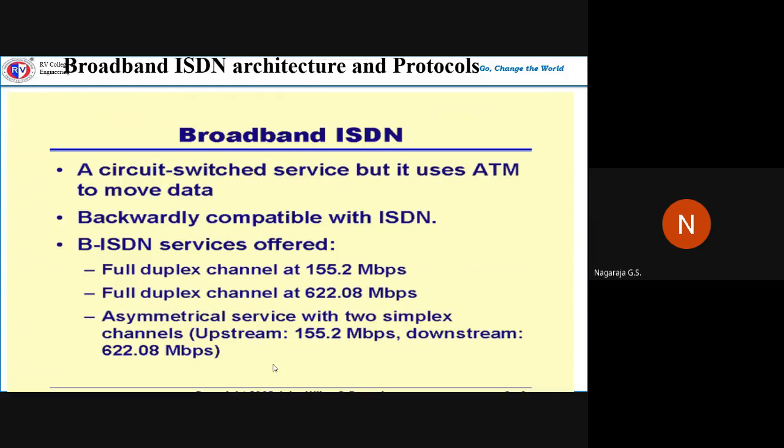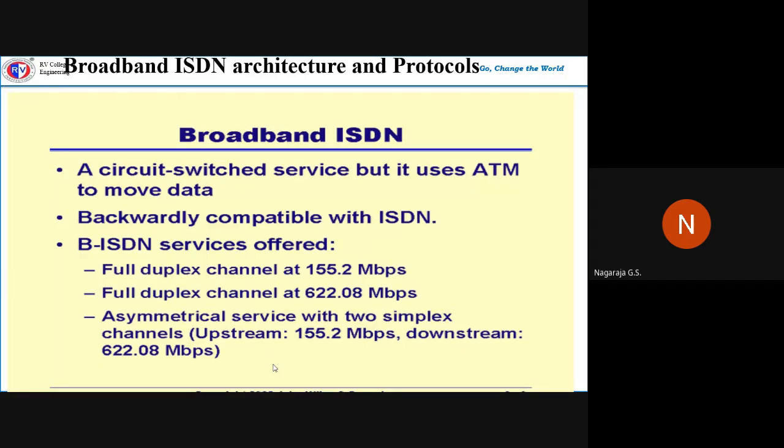One is full duplex channel at the data transfer speed of 155.2 Mbps. That's one thing, and you also have another data speed, which is 622.08 Mbps.